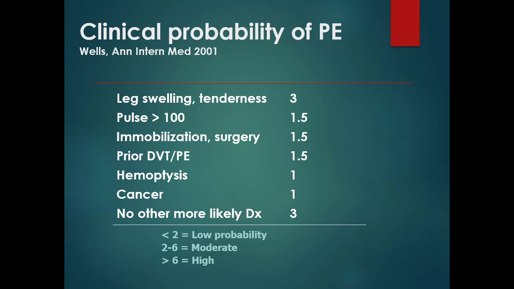So this is very important. The last one that has 3 points is if there is no other explanation for these symptoms, let's say cough, hemoptysis, shortness of breath, pleuritic chest pain, and on examination they have tachypnea, tachycardia, hypoxemia, and in the midst of all of that, I don't have an alternative diagnosis, then pulmonary embolism is likely.